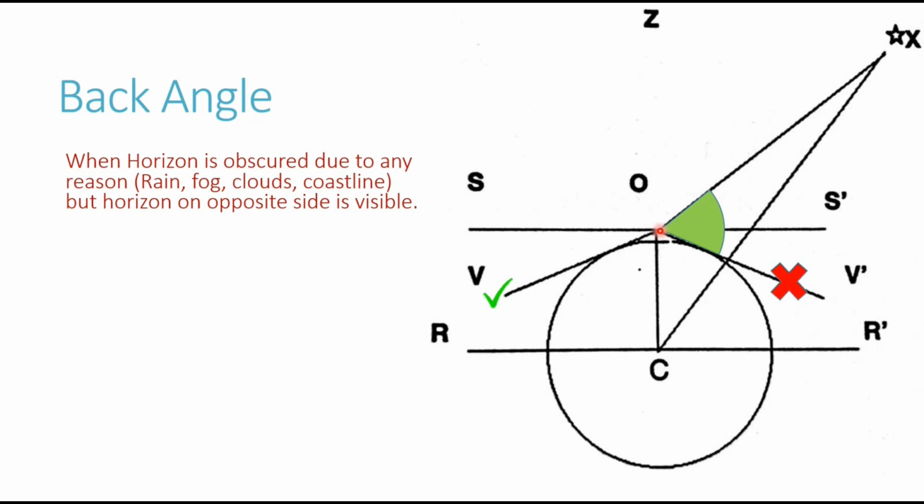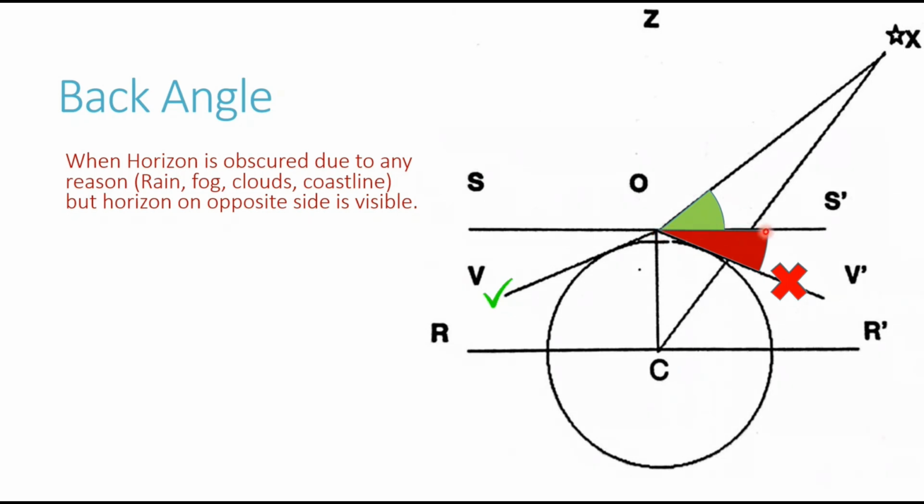Once you obtain this angle, after the instrument error, the index error, the next correction which we apply is the dip correction. What is the dip correction? Dip correction is basically the angle between the sensible horizon and the visible horizon. Let me show you here in the diagram.